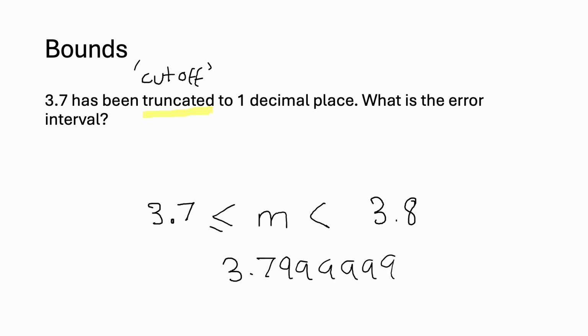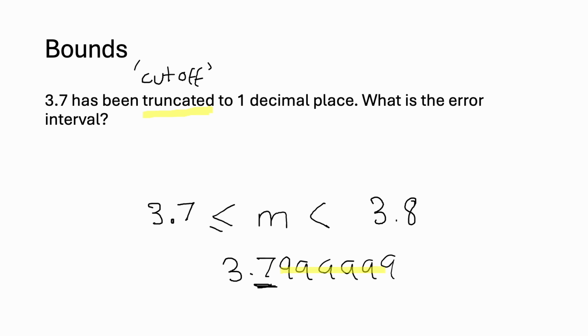3.79999999, it doesn't matter what number is next to the 7, because we are only interested in the first decimal place, which is 7. When we truncate, we cut off. So we don't care what number is next to the 7. It can be 9s, it can be 6s, it can be 3s, it can be 2s. We essentially just cut it off.